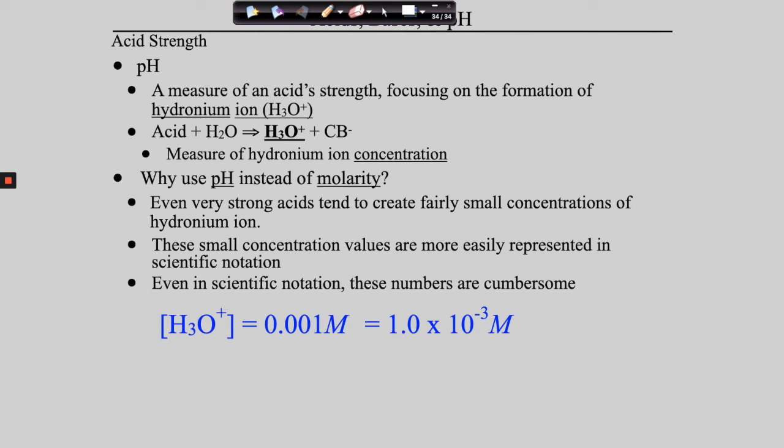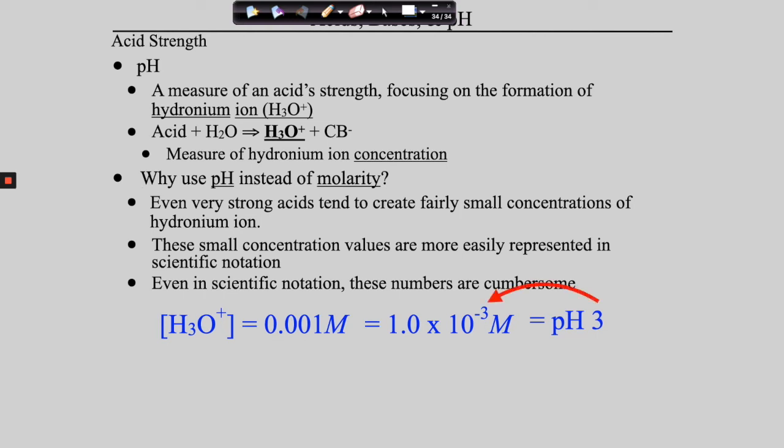Because if we have a solution with a hydronium ion concentration of 0.001 or 1 times 10 to the negative third in scientific notation, guys, let's then talk about the pH. Because the pH of this substance is 3. So as you're filling in the blank with the number 3, ask yourself this question: where did the 3 come from? And I'll bet you see it.